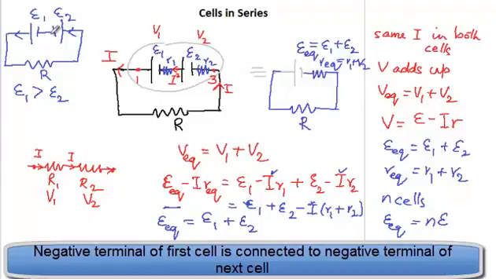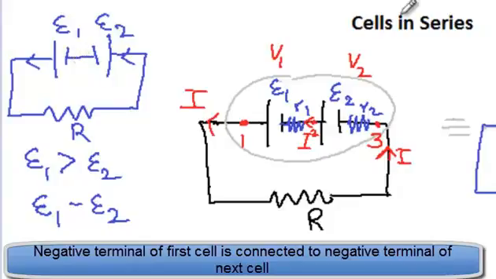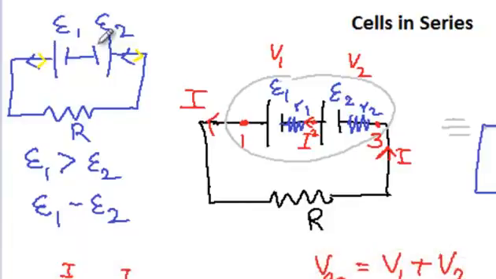And in this case, the equivalent EMF is going to be E1 minus E2. Of course, if E2 was greater than E1, then the current would be reversed. So you would have a current in this direction if E2 was greater than E1, and the equivalent EMF would be E2 minus E1.